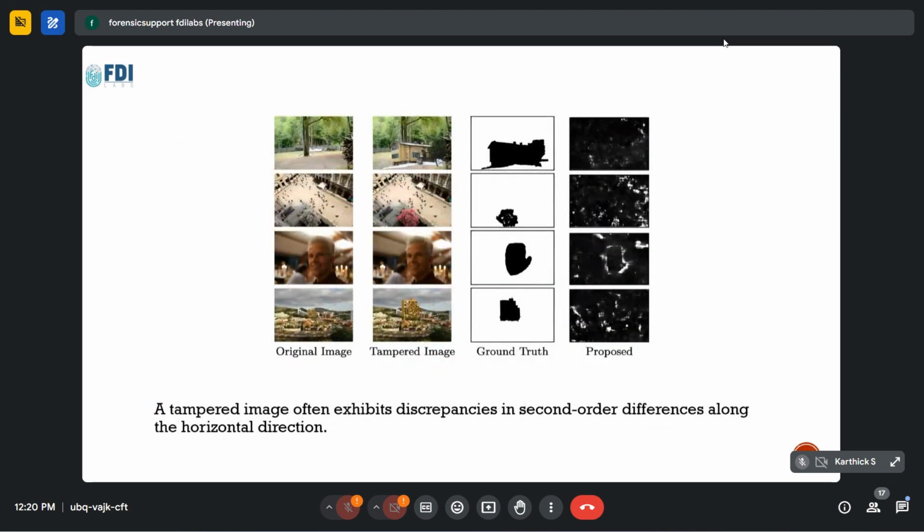You can see the original image and the tampered image, how resampling is done, and how the tampered image is detected using the analysis procedure that is proposed.